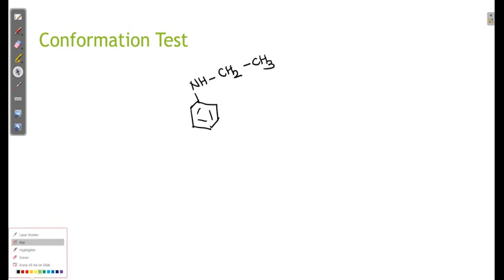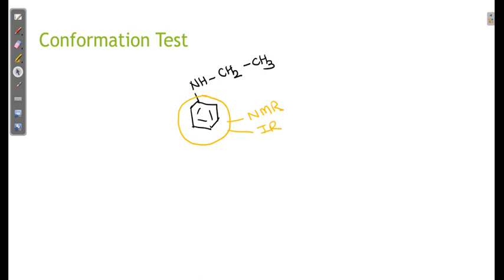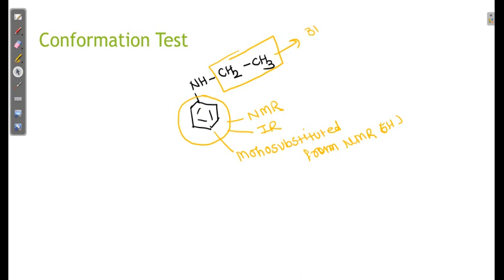Here we have confirmed the data, mostly from the NMR. Then from the IR, this is monosubstituted, and from the NMR due to 5H. This fragment is very important: it gives 3H triplet and 2H quartet.